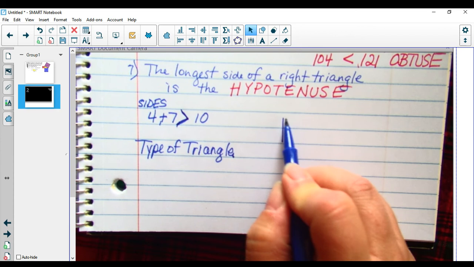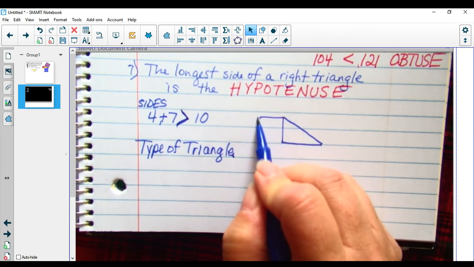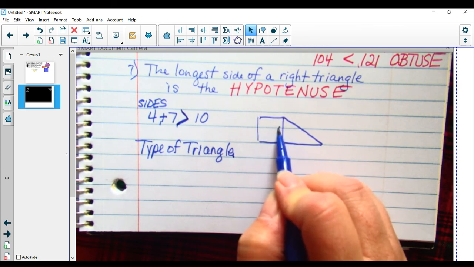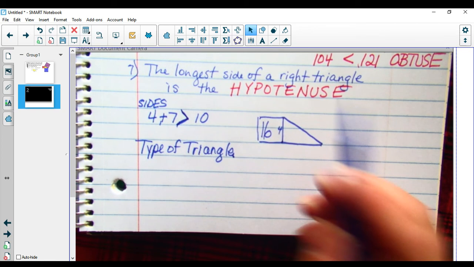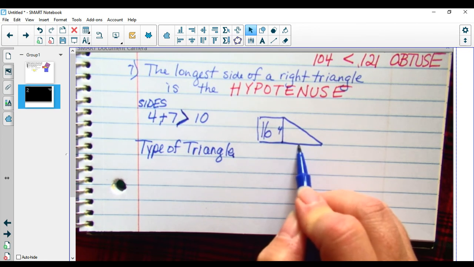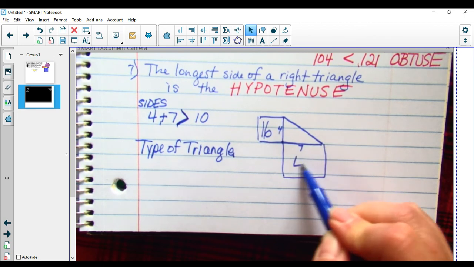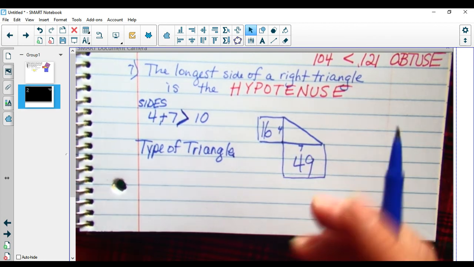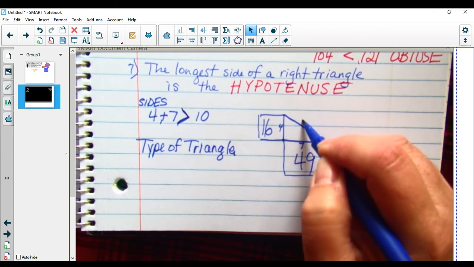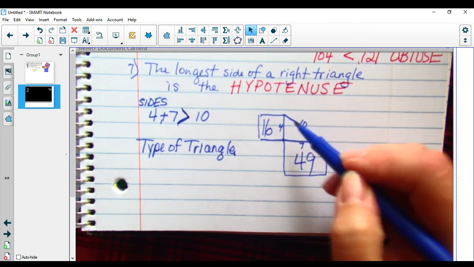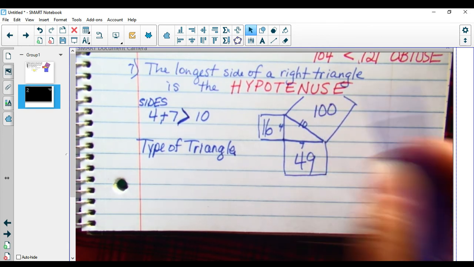So I'm going to assume that if this is a right triangle, our shortest side is 4, so my square is 16. The other short side is 7, so the square is 49. And then the longest side is 10, so the square is 100.